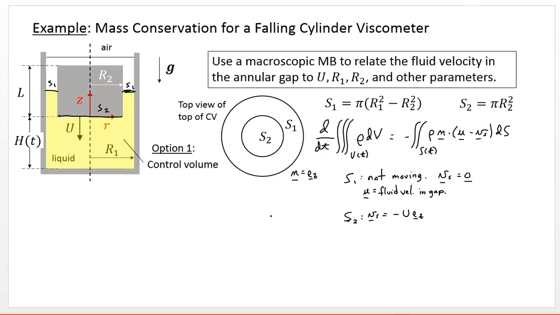Well, the cylinder is moving downward at velocity u, z points upward, and so it's moving in the minus z direction. So Vs is equal to minus u Ez. What's the fluid velocity at the interface with the bottom of the cylinder surface? Well, u is equal to Vs from the no penetration boundary condition. So we see that u minus Vs will actually be equal to 0 on surface S2.